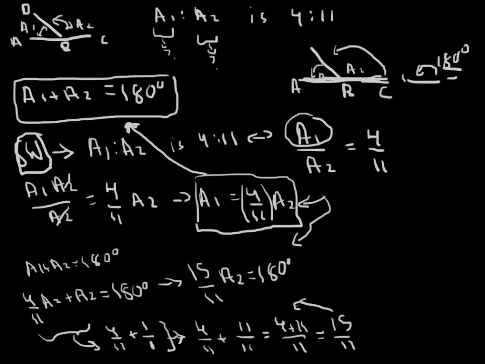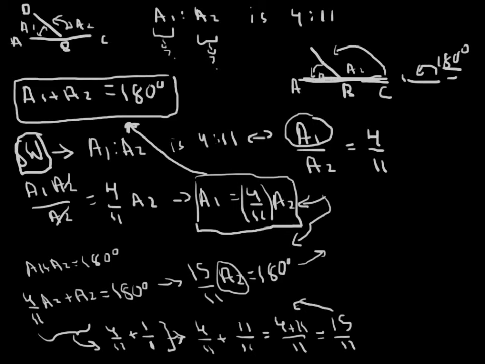So now what are we going to do? We want to isolate A2. So how are we going to do that? Well, we'll multiply both sides by 11 and then divide by 15. Essentially it removes the 15 over 11. If we multiply the left side by 11, we'll get 11 over 11, which is just 1.